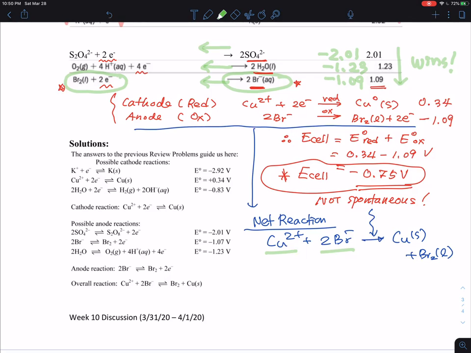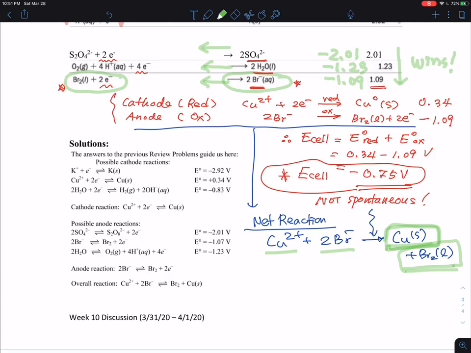For example, you can apply 1.5 volts here, and then you have a big driving force to make the copper plating. The other side is where the anode is. The anode is having a bubbling where the Br2 liquid is forming on the surface, and on the cathode side, copper 2 plus is essentially depositing on the surface.